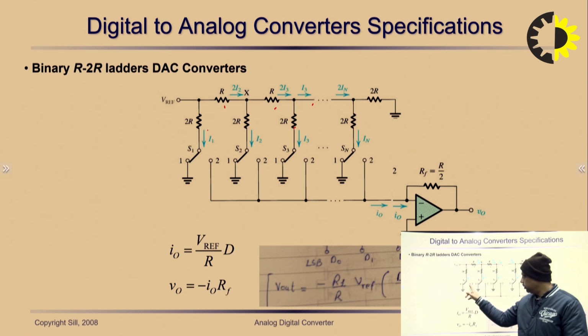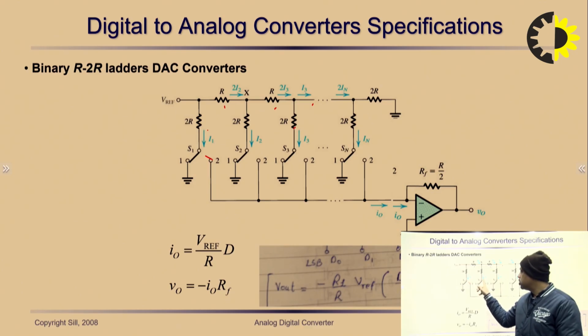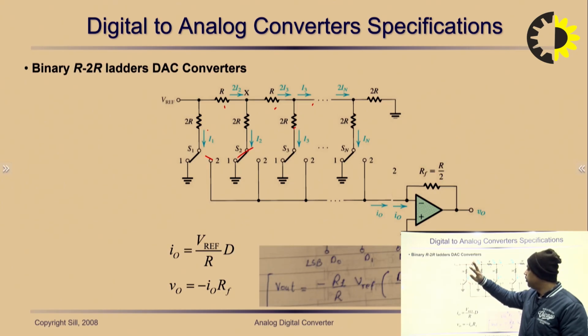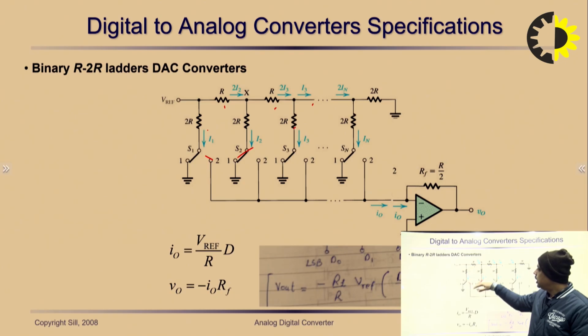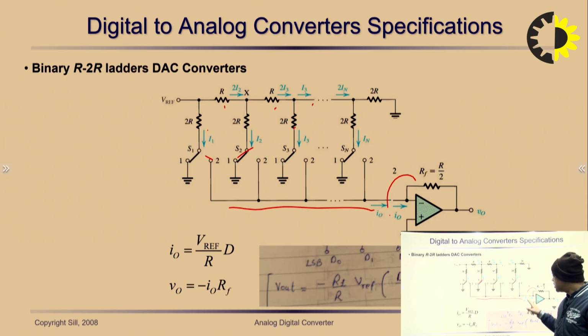For the bit that exists, that is equal to 1, the switch is connected to the summing amplifier, and if it is 0, it is connected to the ground. This is the V reference voltage, and the current is collected over this line and summed up by this summing amplifier to produce the voltage output.